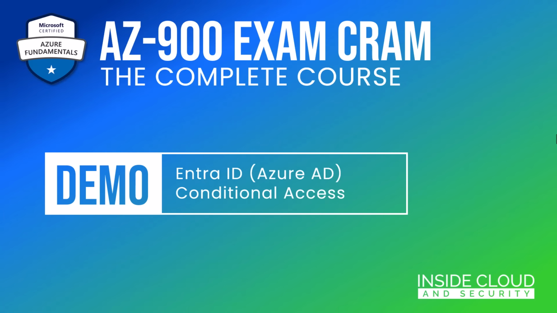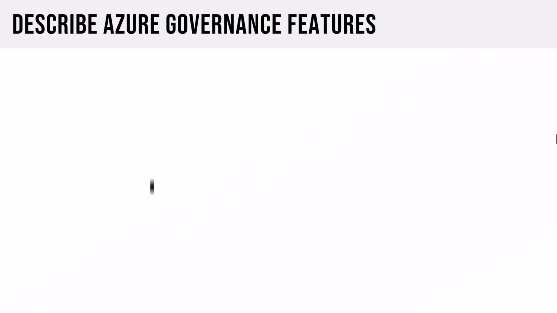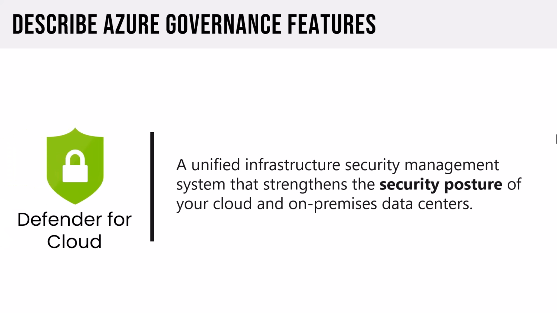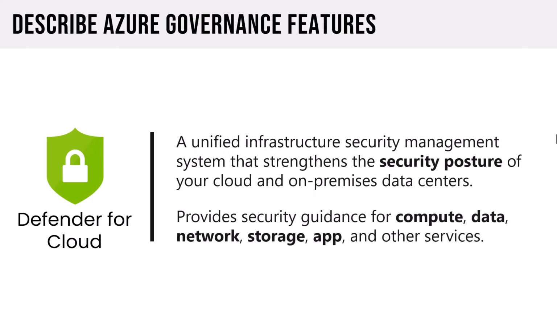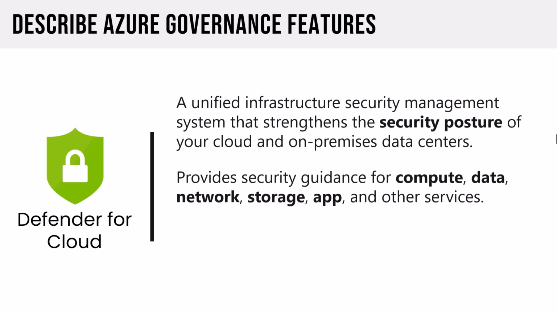And to round out Domain 2, I want to touch on Microsoft Defender for Cloud. This is a unified infrastructure security management system that strengthens the security posture of your cloud and on-premises data centers. Some of that comes for free, some does come in a premium tier. It provides security guidance for compute, data, network, storage, app, and other cloud services.